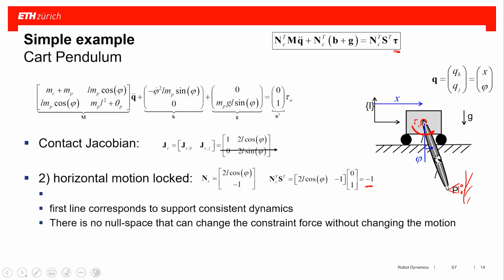If I pre-multiply with NC transposed, I'm reducing a two-dimensional equation of motion to a one-dimensional equation of motion, which is independent of the contact force. That means we have a one-to-one relationship between torque and motion, and the force is just an effect of how the system is moving and how it's actuated, but it cannot independently control the reaction force.